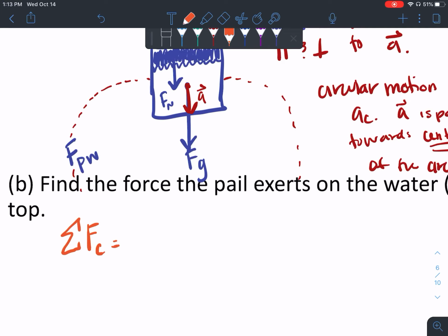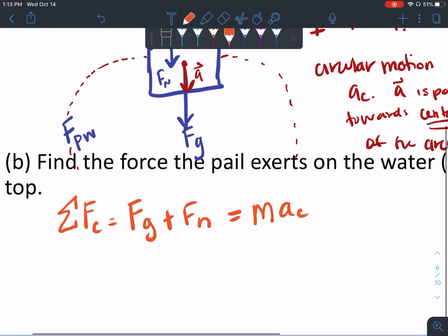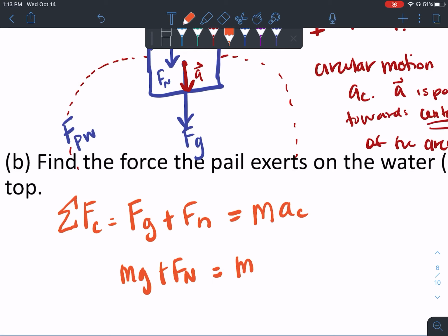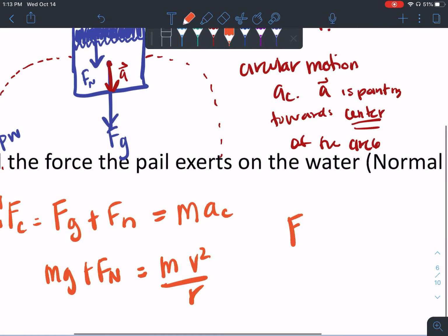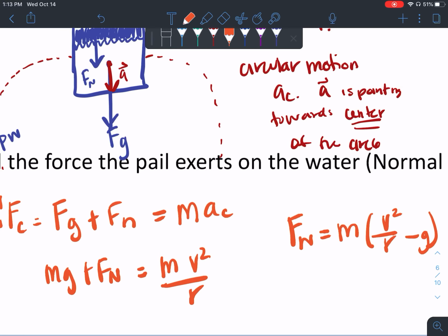Because they're both pointing towards the center, we would say Fg plus Fn equals m a_c, because they're going in the same direction. Fg we know is mg, plus force normal, equals m, and a_c we know is v squared over r. If we rewrite this around, we end up with force normal equals m times v squared over r minus g.